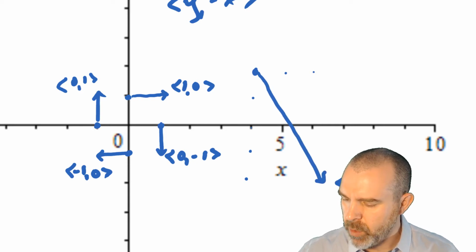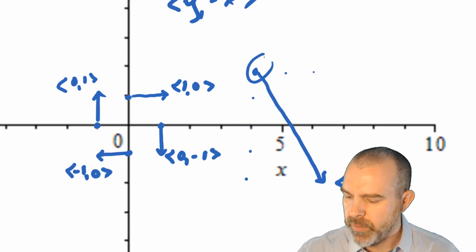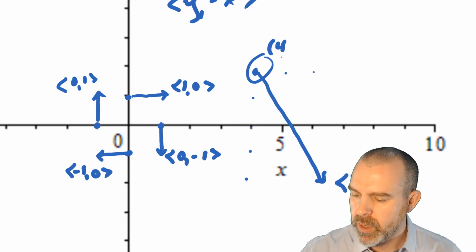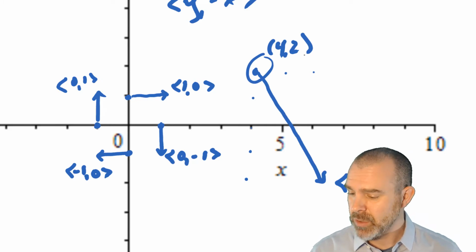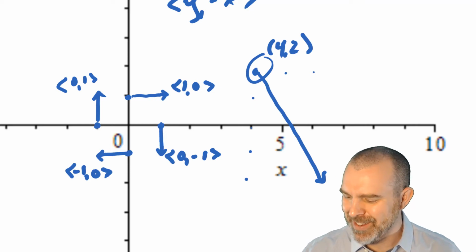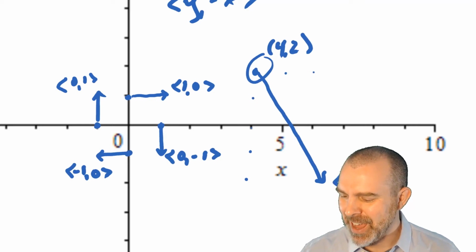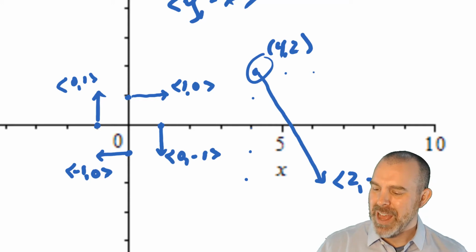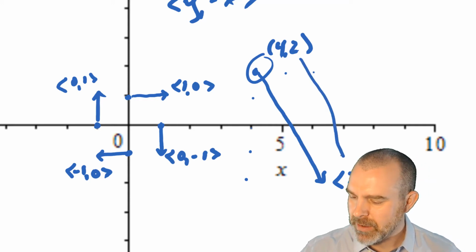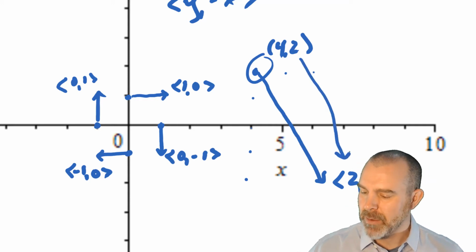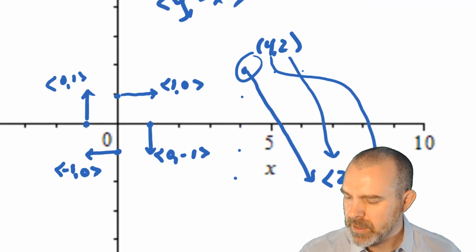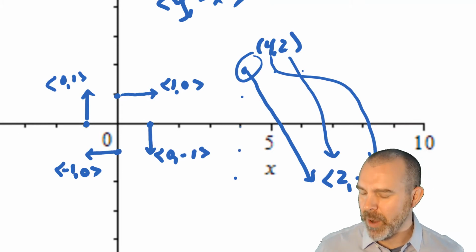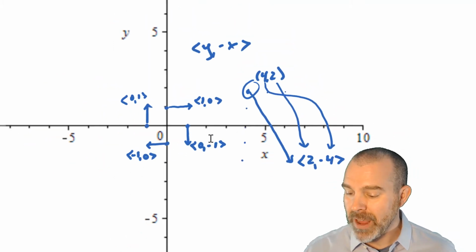So if you're based at the point 4, 2, the vector from there is 2, negative 4. The y coordinate becomes the x component, and the opposite of the x coordinate becomes the y component. So that is an example, and there are infinitely many there.